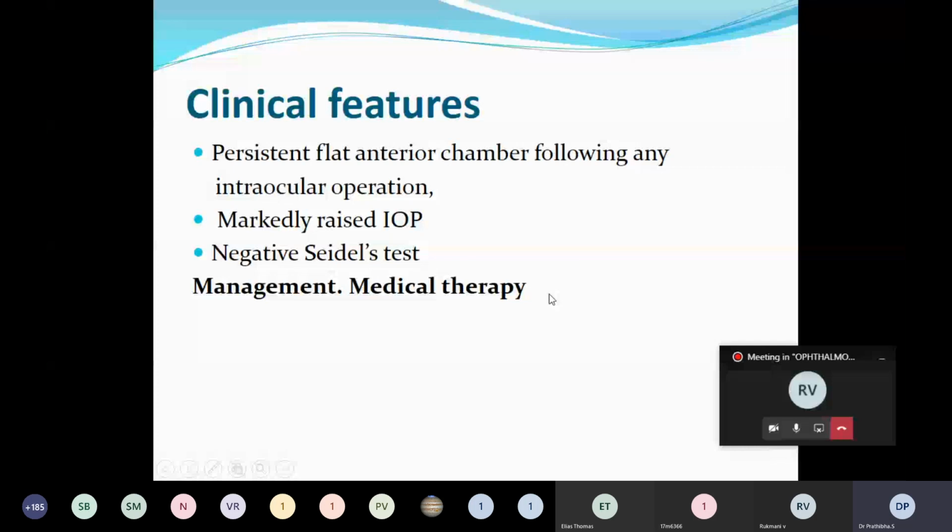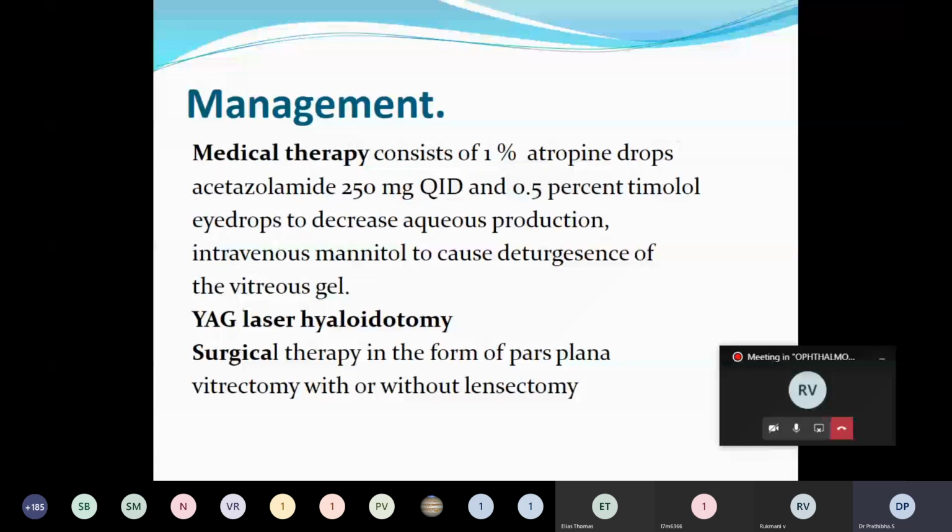So the management is, first we try medical therapy, which consists of 1% atropine to dilate the pupil. This is the only glaucoma where atropine is used as a treatment, whereas atropine is contraindicated in all other types of glaucoma.